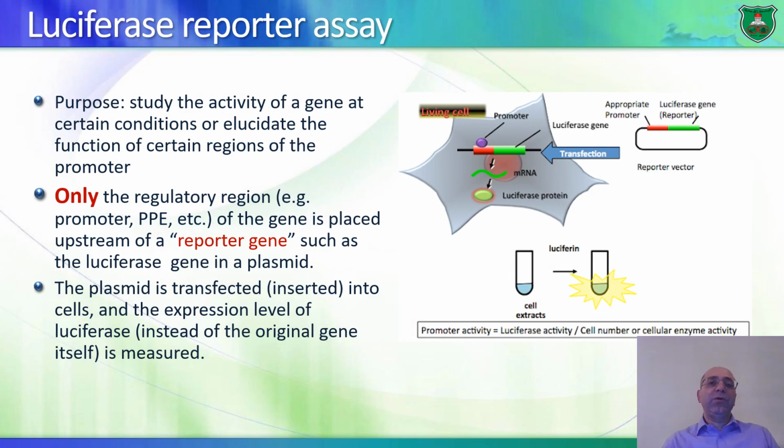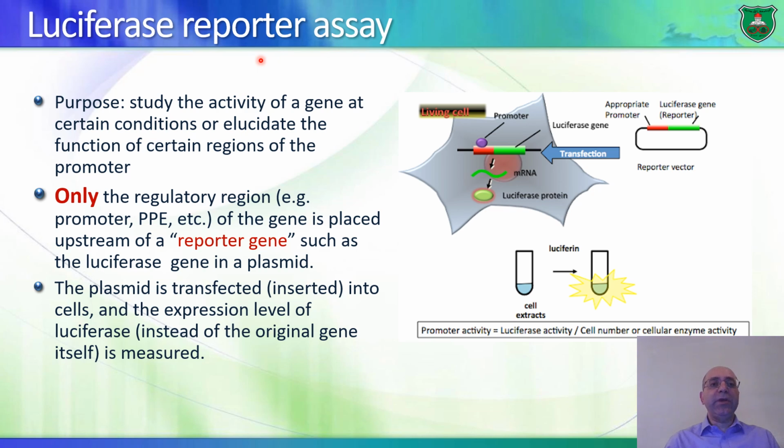They used recombinant DNA technology, and the purpose of this technique, which is known as the luciferase reporter assay, is to study the activity of a gene under certain conditions or elucidate the function of certain regions of the promoter region. So what do we mean by a reporter?